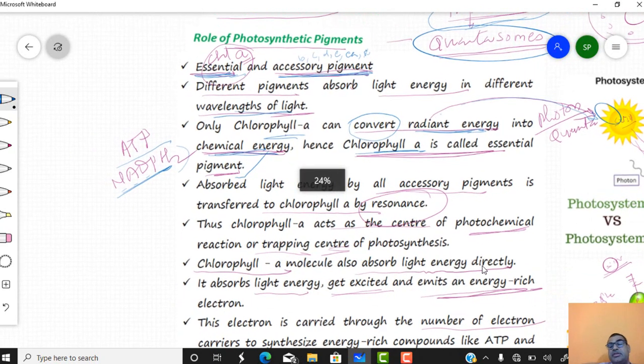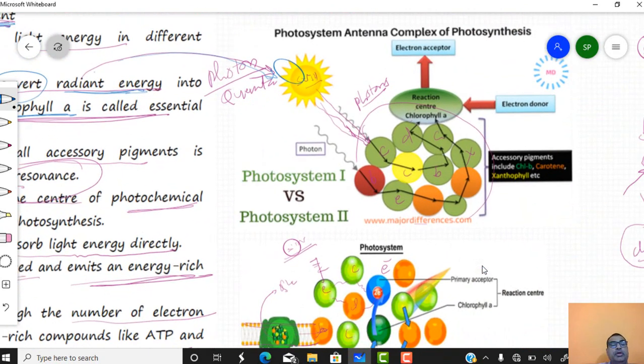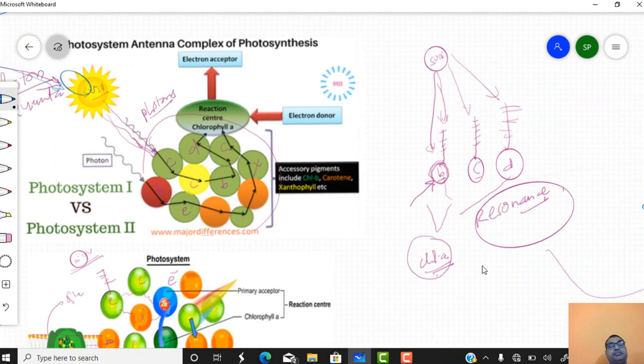Light energy absorbed by all accessory pigments is transferred to chlorophyll A by means of resonance. Before going into detail, just see here. Suppose these are the pigments. This is a chlorophyll B pigment, this is a chlorophyll C pigment, this one is a chlorophyll D pigment, or any type of pigment. It may be an accessory pigment or the essential pigment.